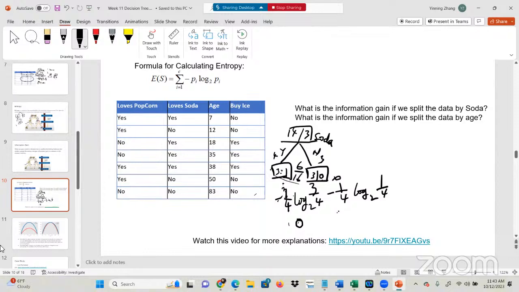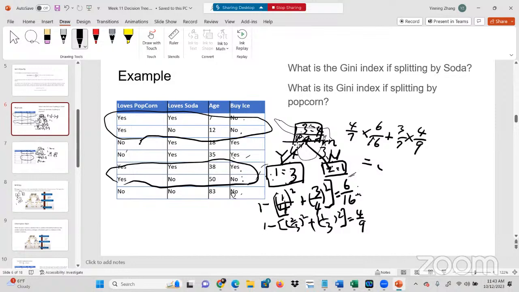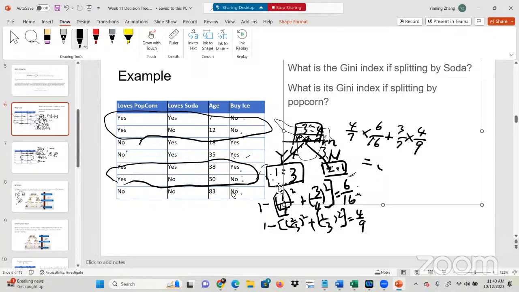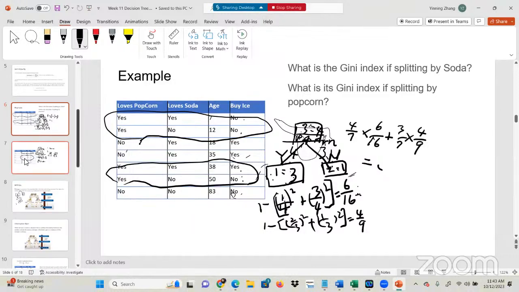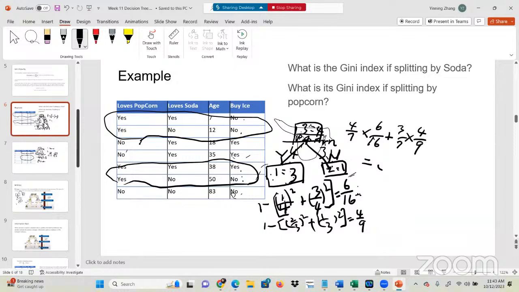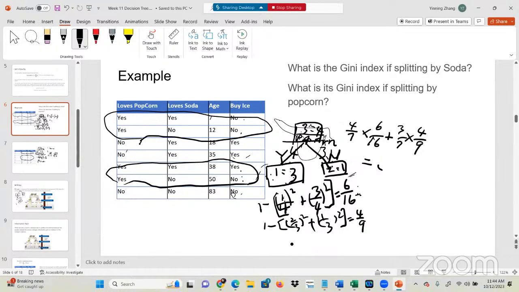And if we use popcorn as the root node, then the entropy is 1/4 log 2, times the log 4.